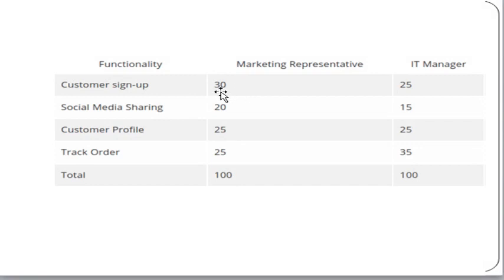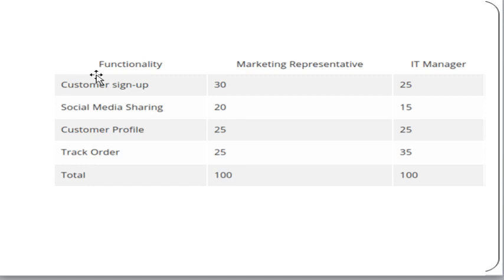So what we can do is total these stories: 30 plus 25, 20 plus 15, 25 plus 25, and 25 plus 35. Notice, the story that gets the highest points from these two stakeholders will become the highest in priority as well. So this is the main concept here.